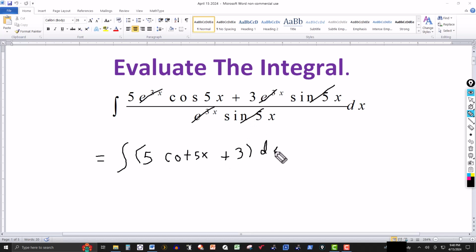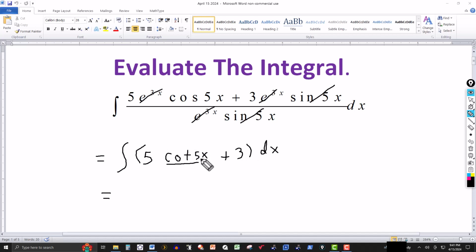So all we did here really is simplify the integral, and now we can just integrate. 5 is a constant, 3 is a constant here. So for the first part, we can break this up into two integrals: the integral of 5 cotangent of 5x, and the integral of 3, all with respect to x.